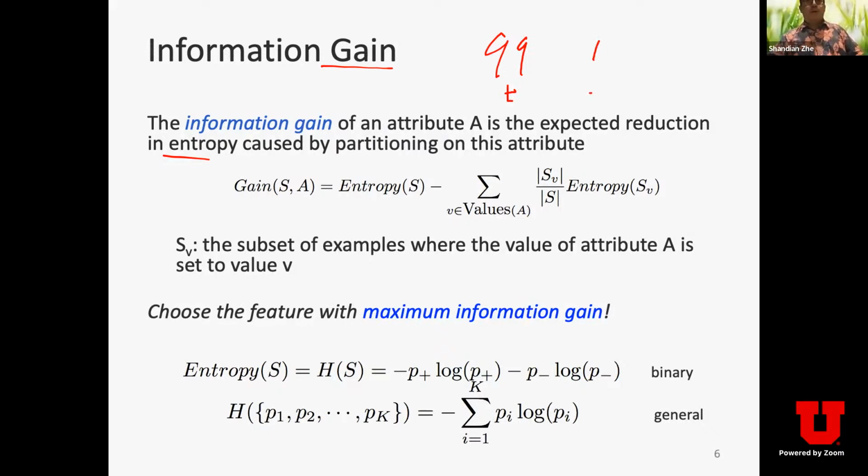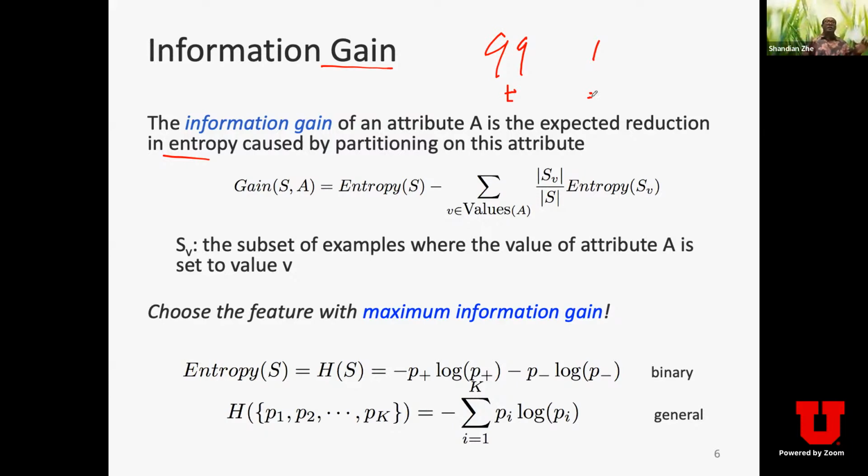Now, if someone asks you how you feel about the labels of this data set, I'm going to say I'm pretty much certain about that. I've got little uncertainty about the labels because I know it's very likely to be positive. In that case, entropy is very low, and the label purity is quite high. Does it make sense?